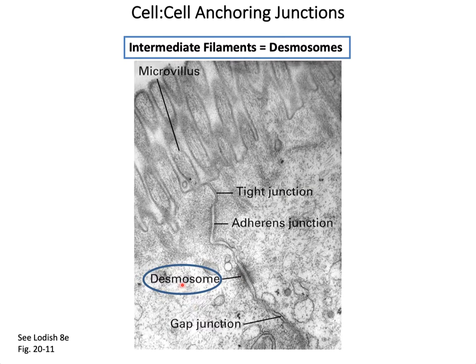When cells interact with each other through intermediate filaments, the anchoring junction is known as a desmosome. Again, this is a figure of a transmission EM, and you can see the desmosome that is right below the adherens junction or the adhesion belt. And this is the usual position for these types of junctions.